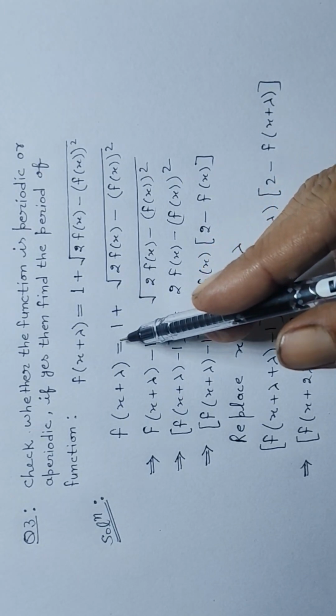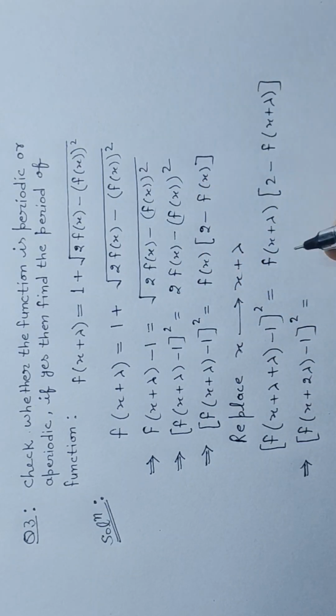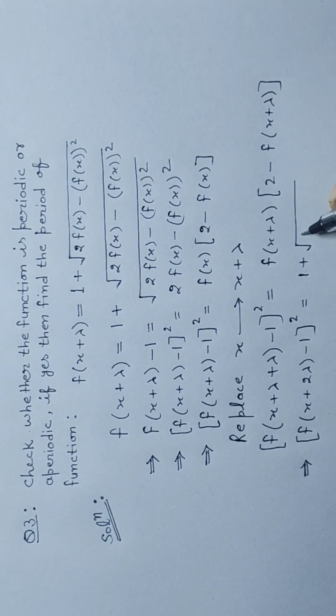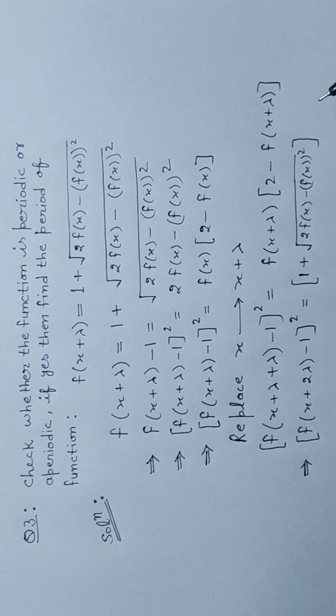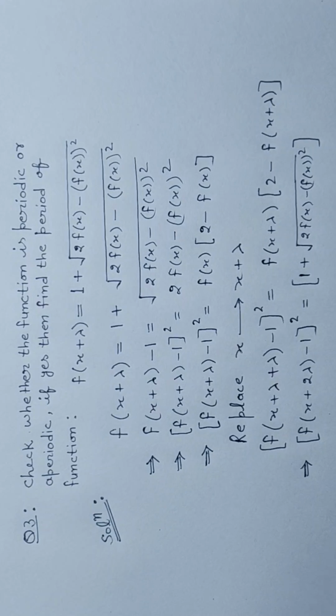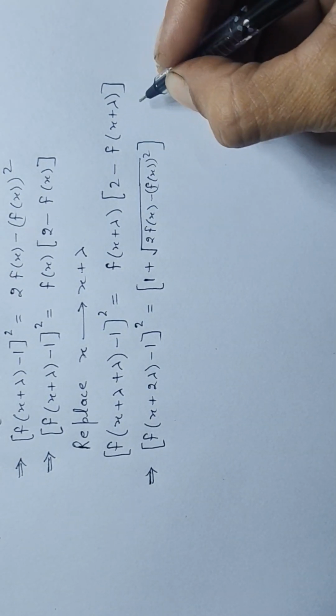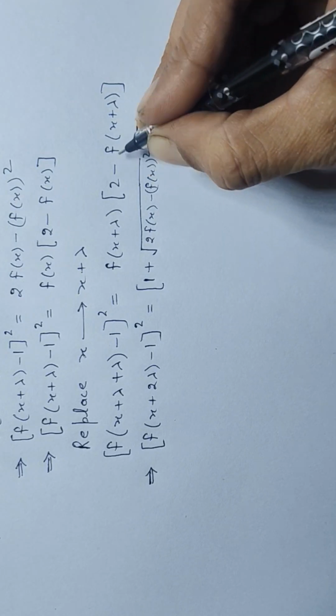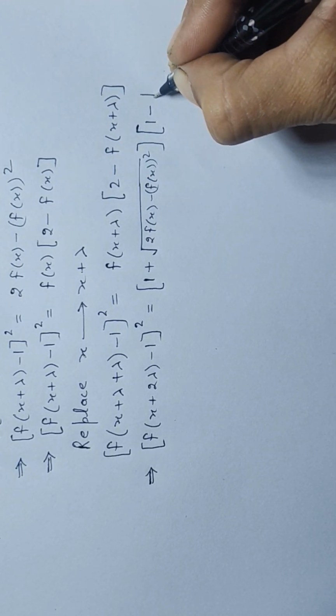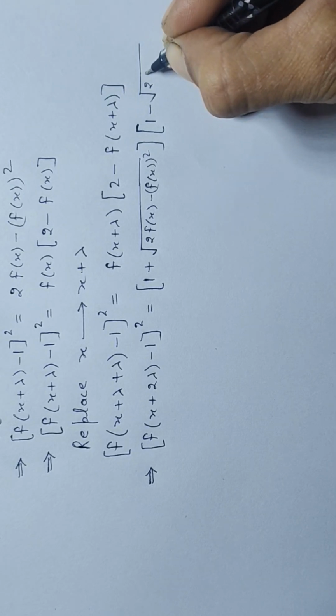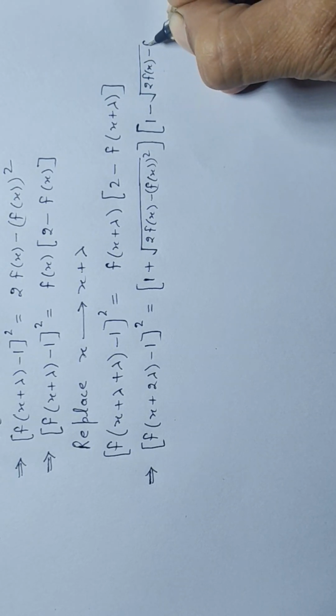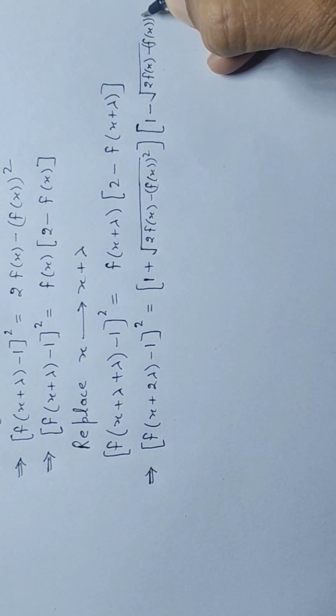So f of x plus lambda is given here as 1 plus square root of 2 f(x) minus f of x squared. This is f of x plus lambda, and 2 minus f of x plus lambda is 1 minus square root of 2 f(x) minus f of x squared.